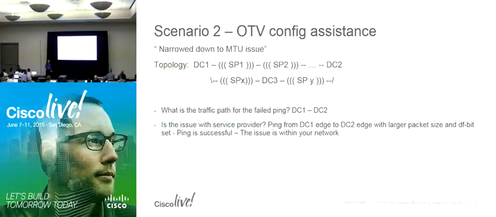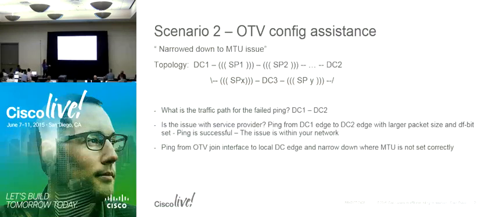So if we can rule them out, that helps a lot with the troubleshooting. Ping from the DC1 edge to the DC2 edge with a larger packet and the DF bit set, which basically means do not fragment, and see if the ping is successful. If it is, you know it's not the service provider. It's your own network.